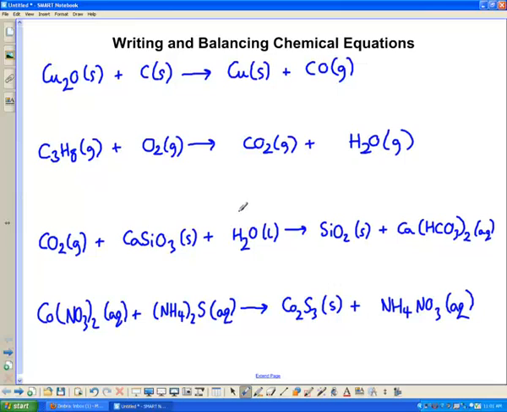There's a couple of rules that we want to go by. If we just, let's say, use these 4 reactions as an example, notice there are certain elements that appear virtually every time. Those are oxygen, oxygen, oxygen, oxygen, hydrogen, hydrogen, hydrogen. Okay, hydrogen's not up there. The fact is, hydrogen and oxygen appear in pretty much every chemical reaction.